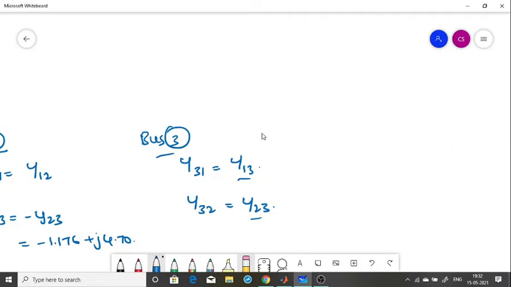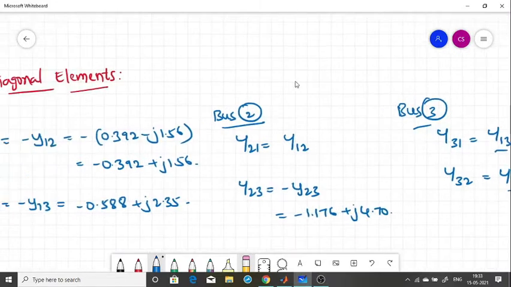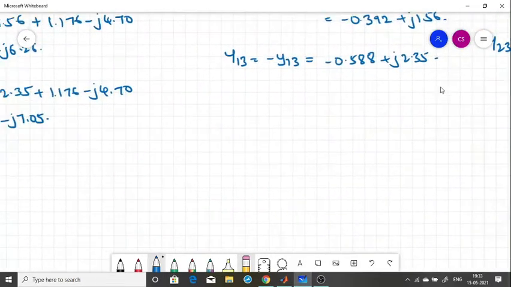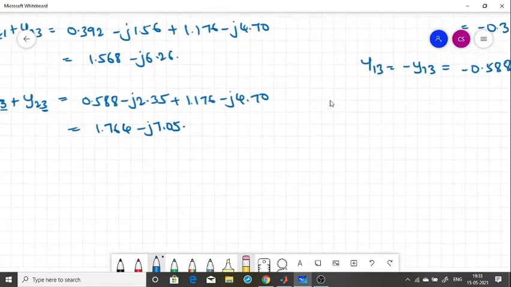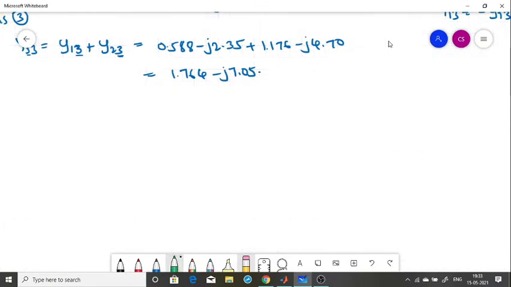So now we know all the bus elements. That means we know the diagonal elements and the off-diagonal elements. Now let us form the Y bus by including all these values in their respective places. So what is Y bus?